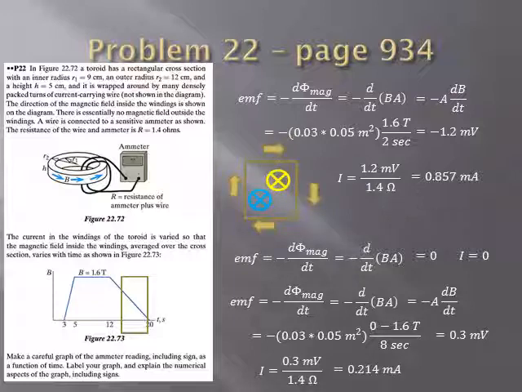So as I follow the current as it goes around the loop, I find that I get a current that goes in the negative end of the ammeter. And if it goes in the negative end of the ammeter, then I get a negative sign for my current. So at t equals 12 seconds, my current should go down to a negative 0.214 milliamps, and that should hold constant until we get to 20 seconds.